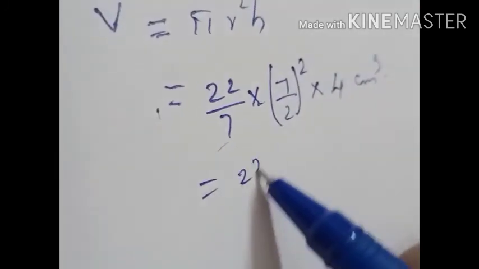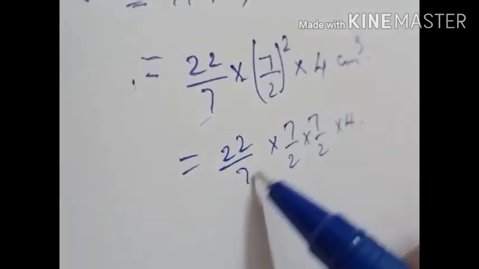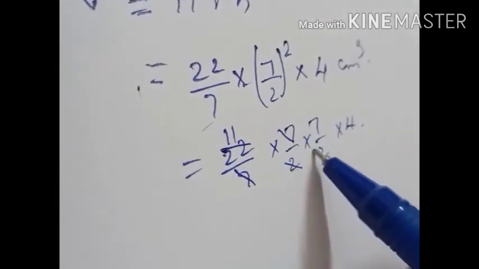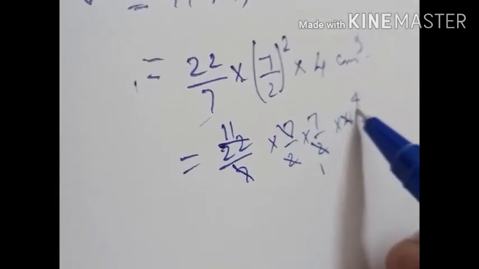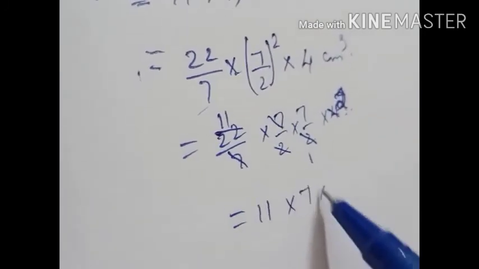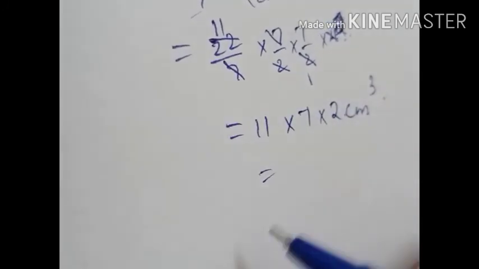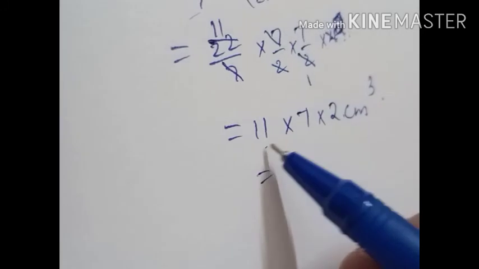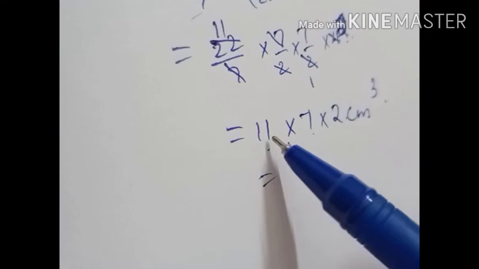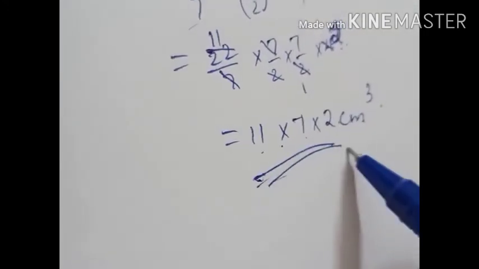Then we can do the calculation. 7 by 2 into 7 by 2 into 4. Then in 22, 11 times. The 7 and 7 we can cut, 2 twos are 4. Then the remaining is 11 into 7 into 2. So this much centimeter cube is the volume of one cylindrical bowl. That means required for one patient. How much soup is required for one patient? That is same as 11 into 7 into 2.